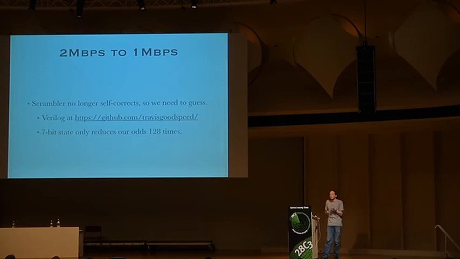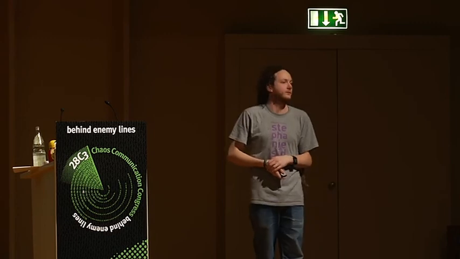So because the scrambler no longer self-corrects, we have to guess it, and then we have to produce a string that, when scrambled with our guess, produces the 2 megabit symbols that we actually want to be on the air to match the 1 megabit per second symbols that we need for our injection. Verilog code for doing this is at that URL. Just github.com/TravisGoodspeed.